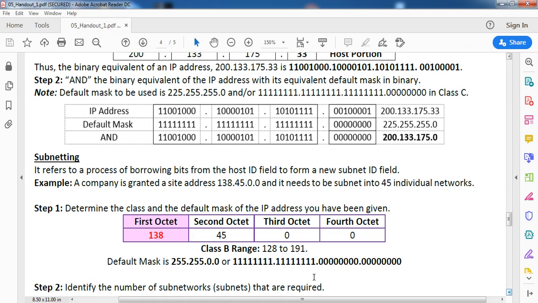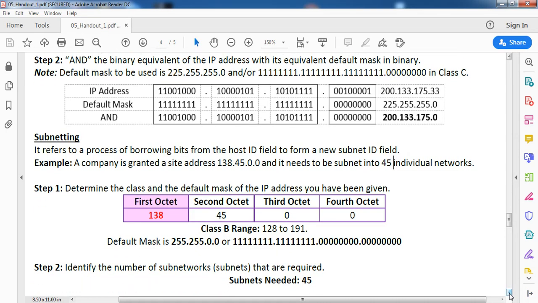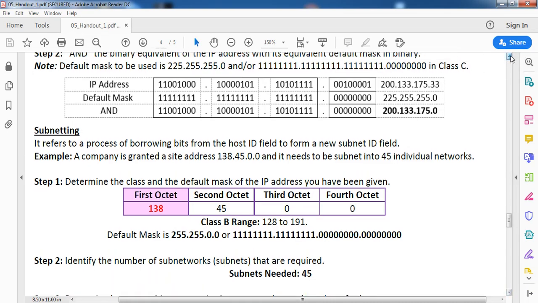Now it was mentioned that we would be needing 45 individual networks. Because we need 45 subnetworks, we need to determine how many bits from the host ID we would need in order to cover the 45 individual networks. We cannot just get bits just to satisfy the 45.